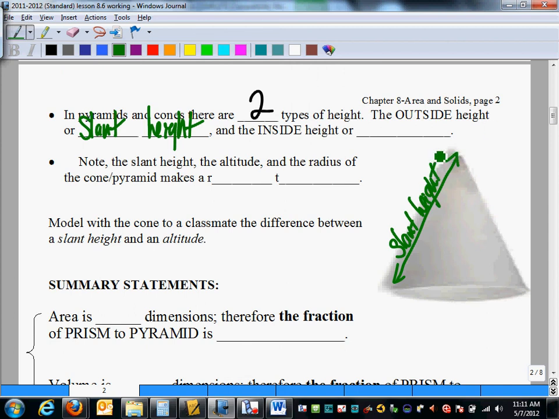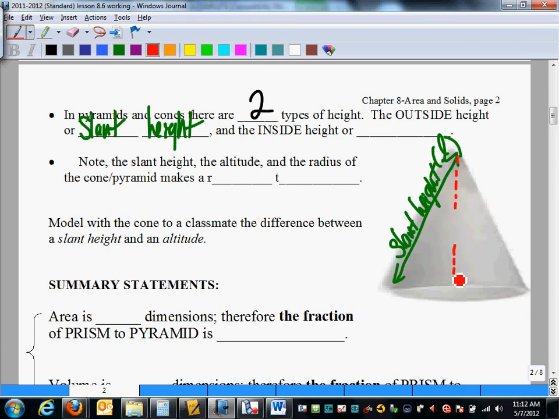The variable we use there is a cursive L. And then we have what's called an inside height, also known as the true height. Drop it down the middle.